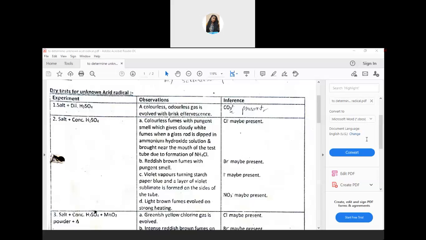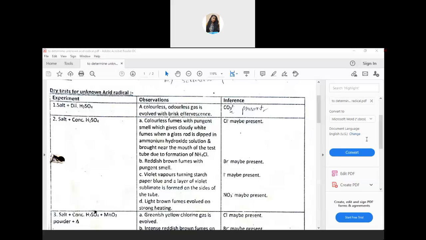Dry test means the apparatus in which you are going to do the test should be dry. It cannot have moisture. All of you know what dry is. So for the dry test, the apparatus should be dry.